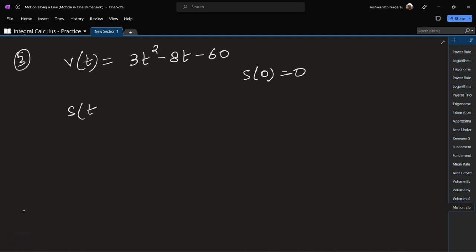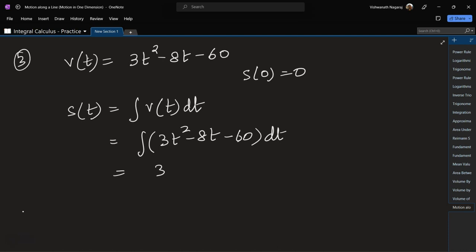So we know s of t is going to be the integral of v of t dt, which means the integral of 3t square minus 8t minus 60, which is equal to 3t cube by 3 minus 8t square by 2 minus 60t plus c.